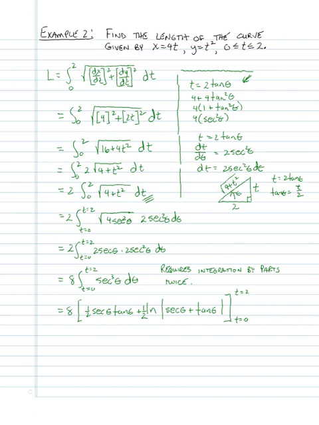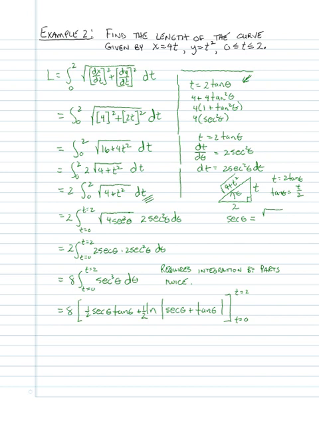So what do we need below? We need the secant of theta. We already know that tangent of theta is t over 2. Well, the secant of theta is 1 over cosine, the reciprocal of cosine, and cosine is adjacent over hypotenuse, so secant of theta is hypotenuse over adjacent.